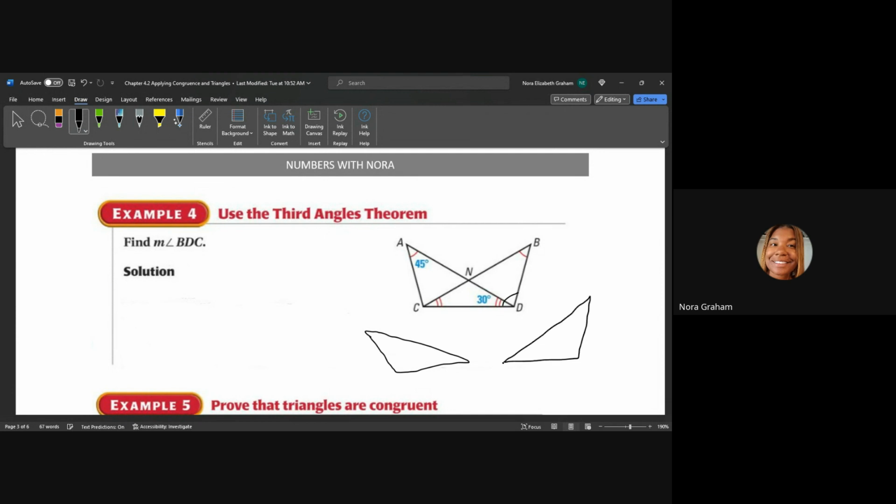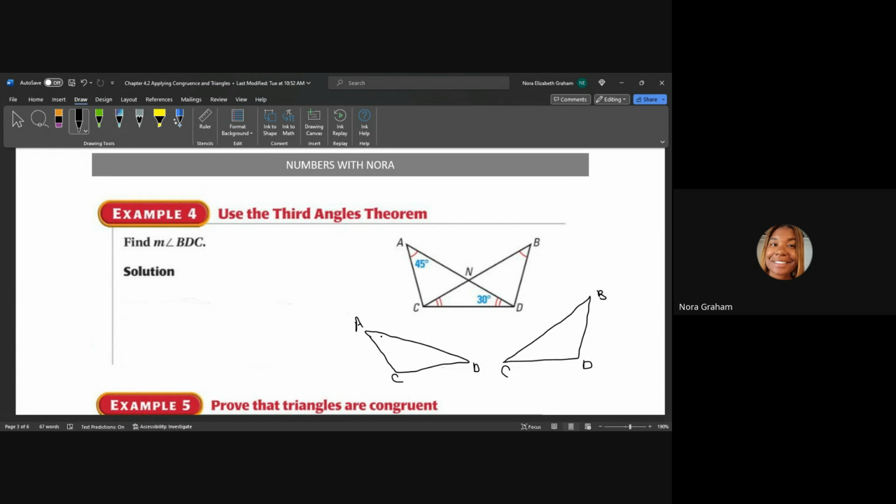So they're not composite triangles. We'll have A, C, and D. And then we'll have B, D, and C. They already have markings for us.